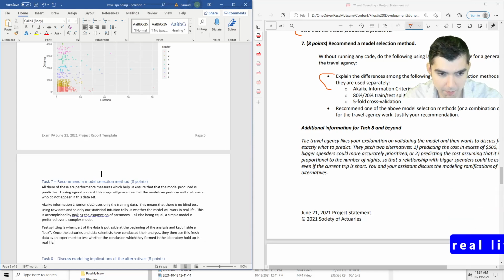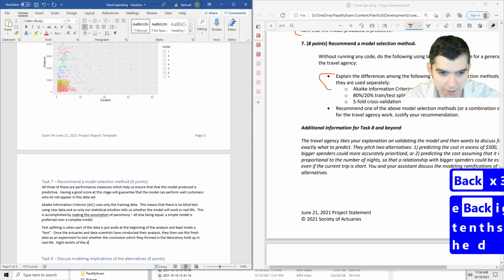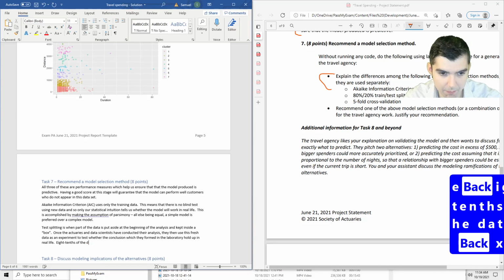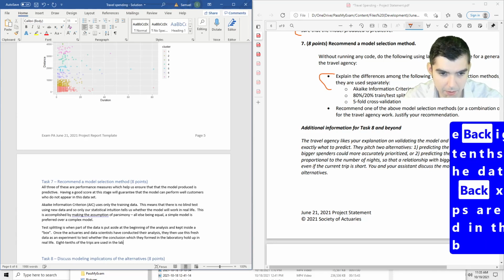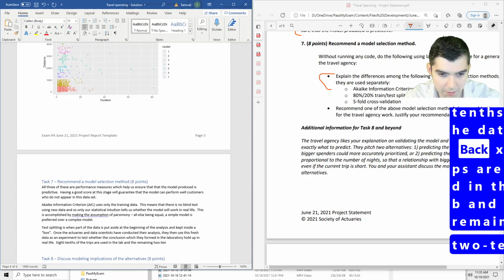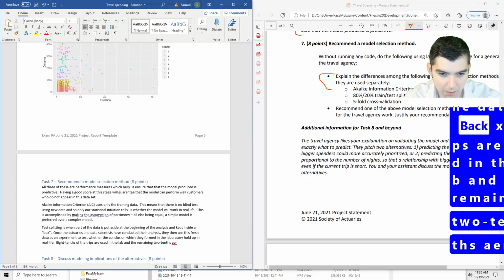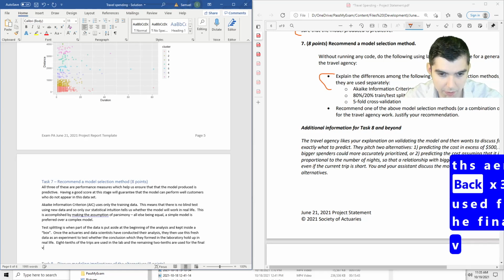80%, so 8 tenths of the data, of the trips, are used in the lab, and the remaining 2 tenths are used for the final verification.